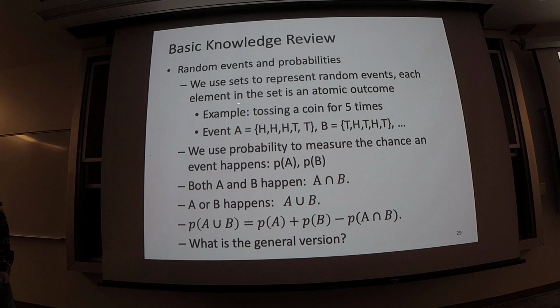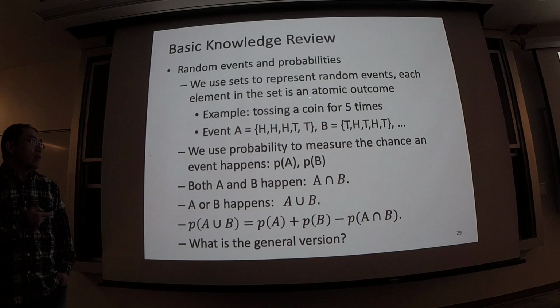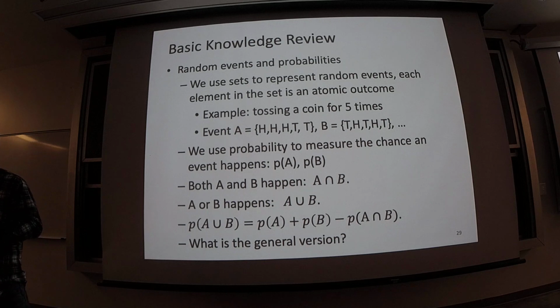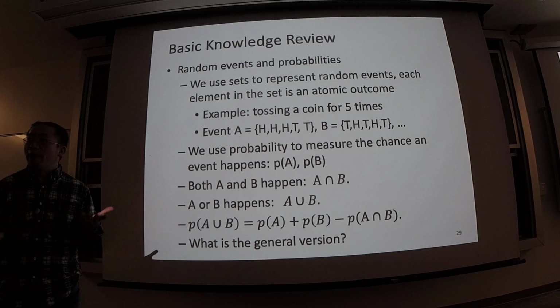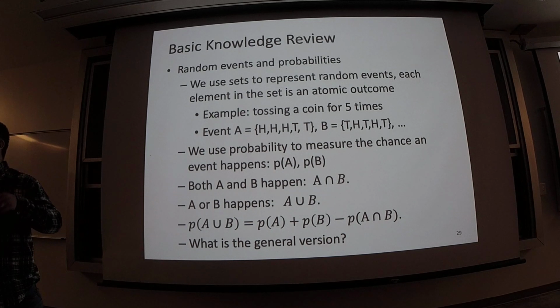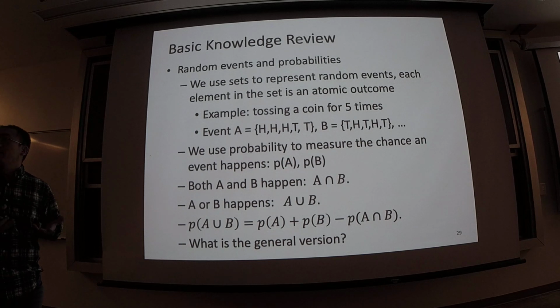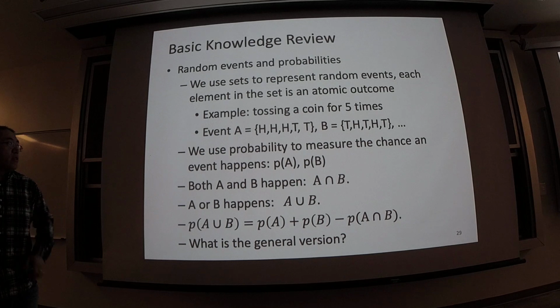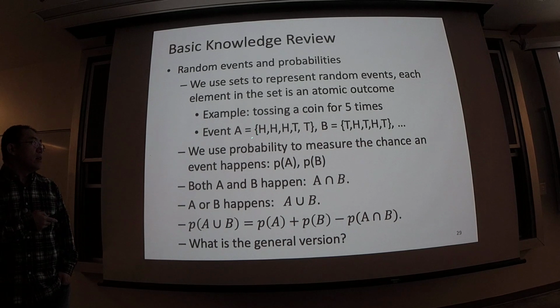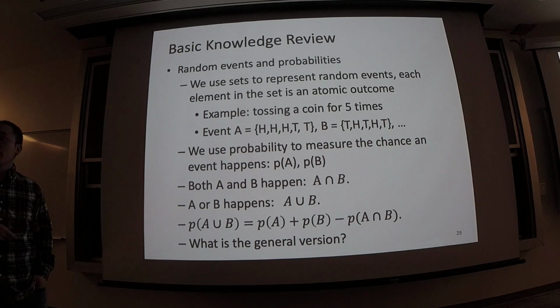And each element in the sets is some atomic outcome from some random experiment. For a concrete example, suppose we toss a coin 5 times. So we want to look at the results of 5 tosses. Those are the events that we're interested in. Then we can use a set of 5 elements to represent a specific event.